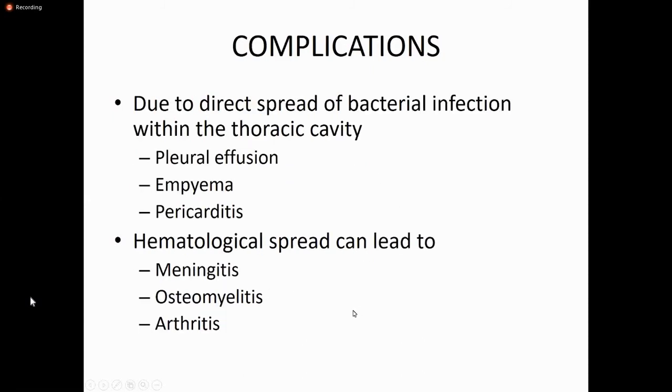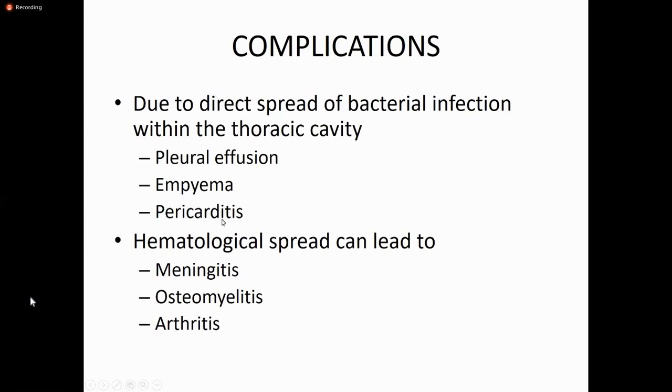Now, what are the complications which can occur due to pneumonias? Pneumonia can cause complications due to direct spread of bacterial infection or due to hematological spread. Whenever there is direct spread of infection, it can lead to pleural effusion, that is, fluid in the pleural cavity. Empyema is when this fluid becomes infected and pussy, and there may be inflammation of the pericardium, which can lead to pericarditis.